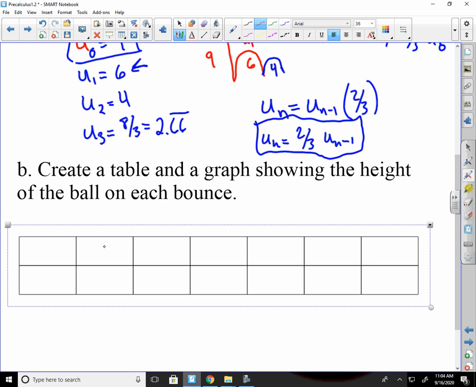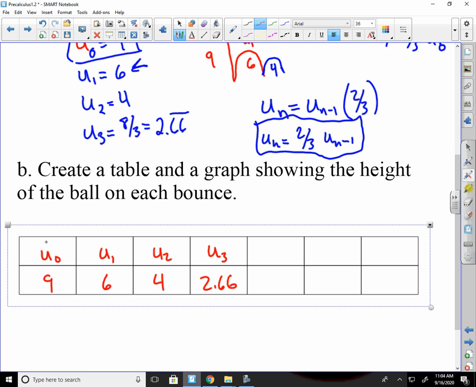Okay. So U sub 0 was 9. U sub 1 is 6. U sub 2 is 4. U sub 3 is 2.66.